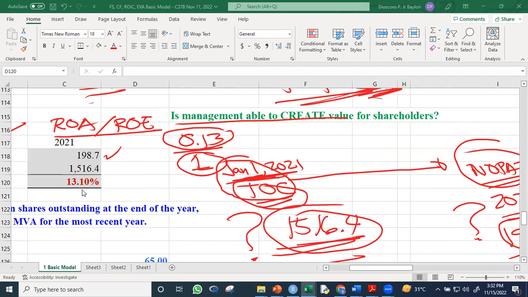Was management able to create value for the shareholders? Kindly chat your answer, please. Your opinion on that, based on this ROIC na 13.1%. Nakapag-create ba ng value si management? I'll wait for your response sa chat.